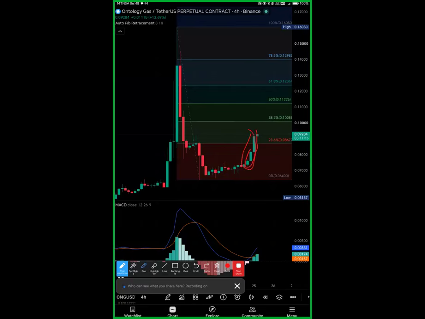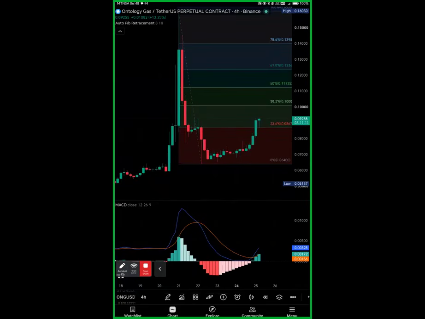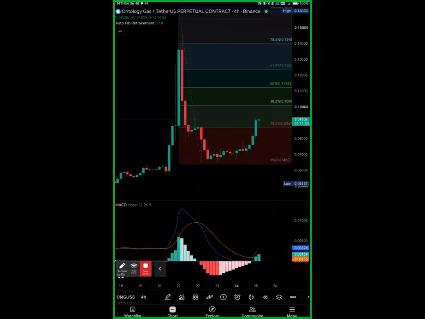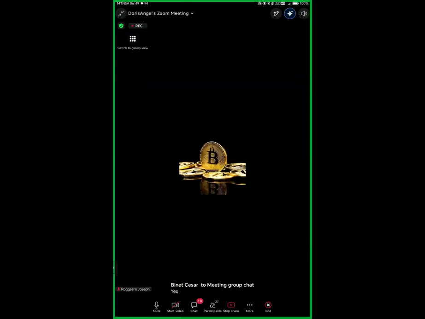What type of a chart pattern is developing right here? What type of a chart pattern is coming up there? Let me come to zoom.